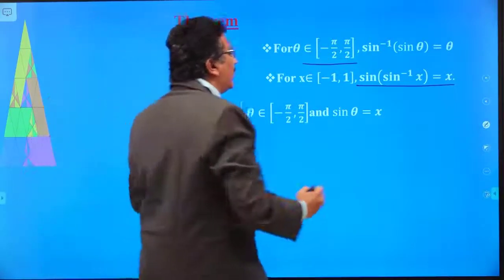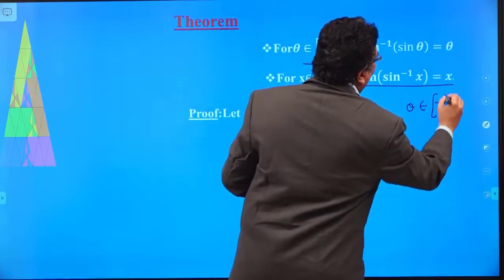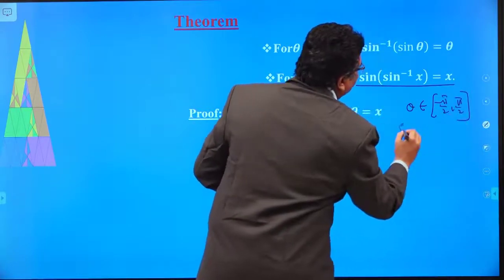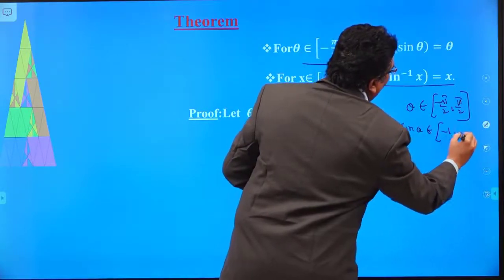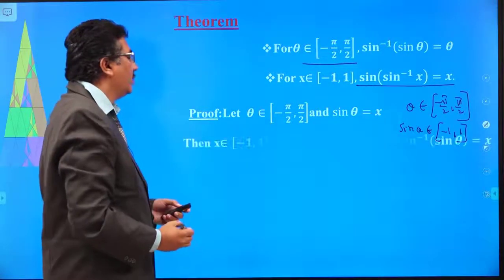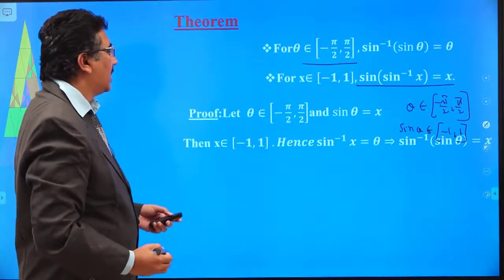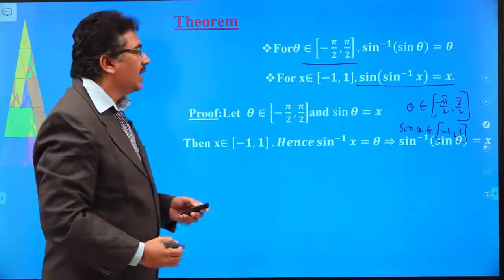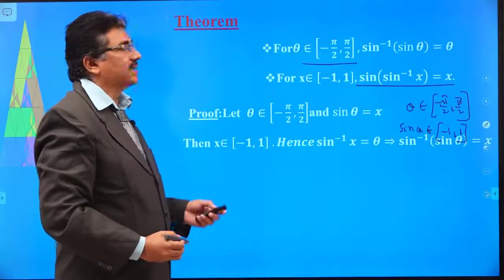Sin theta belongs to the closed interval minus 1 comma 1, that implies x belongs to the closed interval minus 1 comma 1. Hence sin inverse x is equal to theta, that implies sin inverse of sin theta is equal to theta.